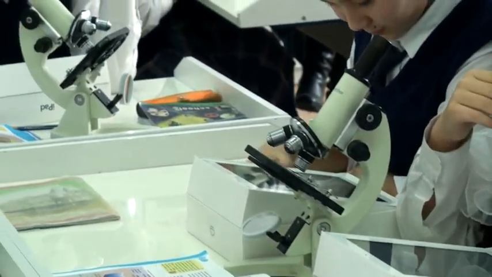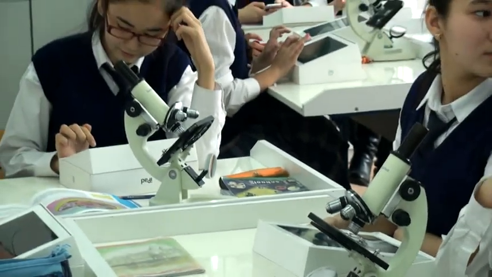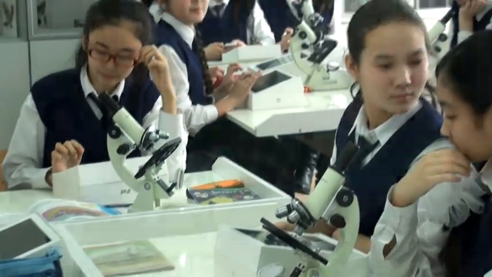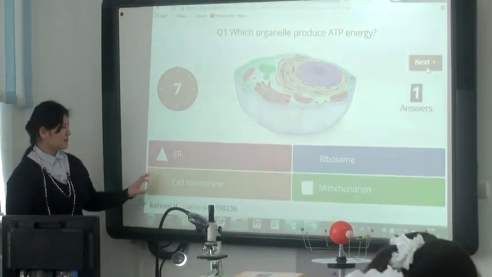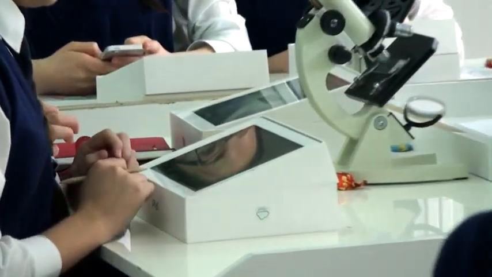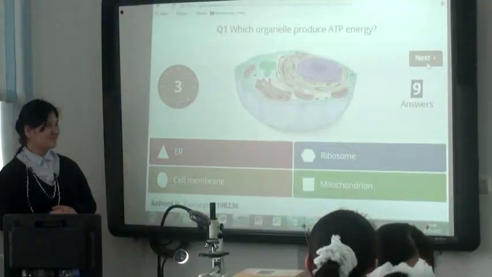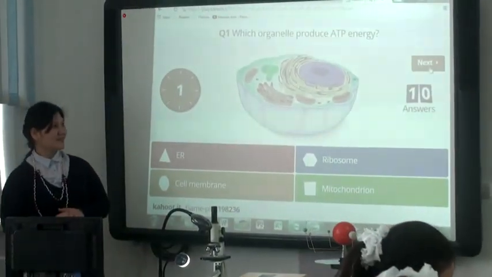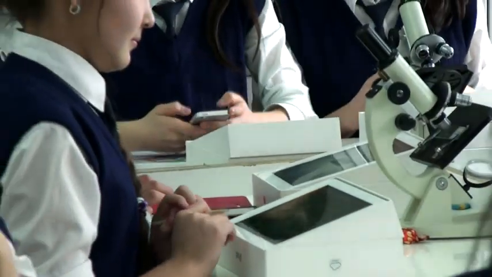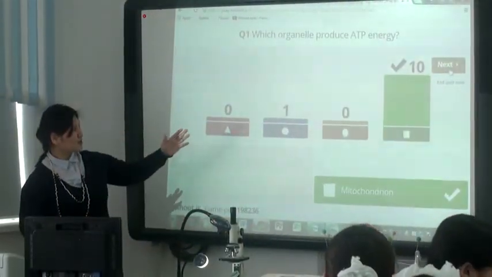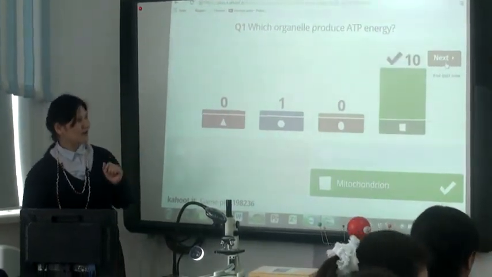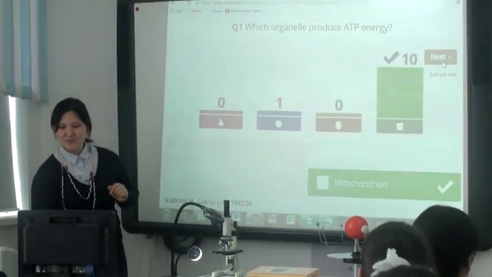So first question, which organelles produce ATP energy? Okay, mitochondrion is the correct one. I think that there is just one wrong, others are correct. Next question.